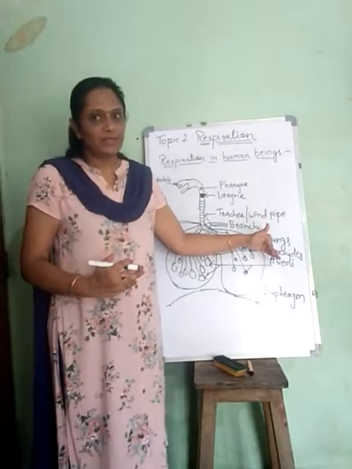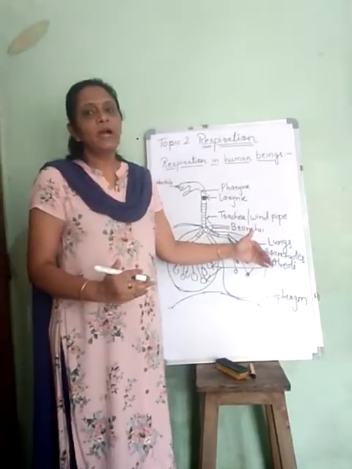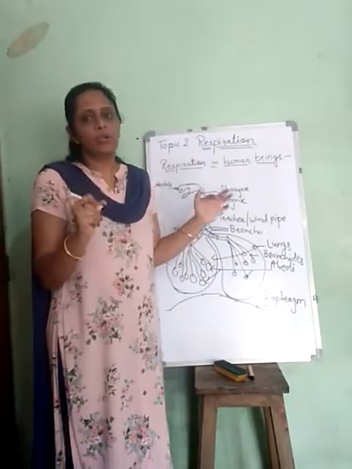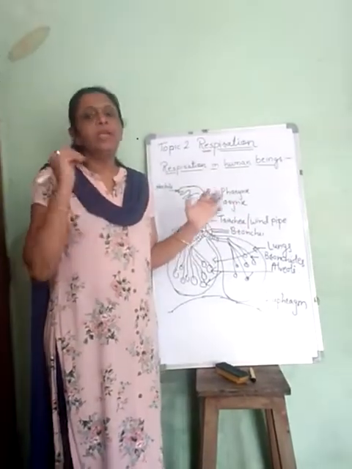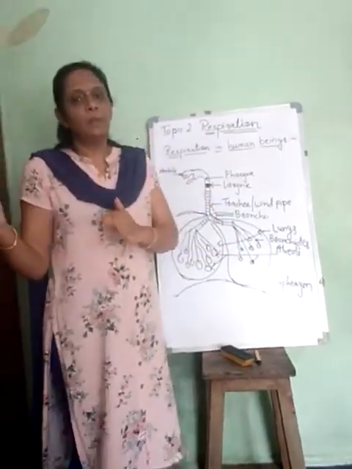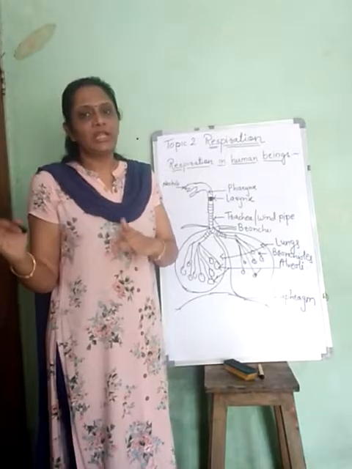The heart is present on the left side, between the lungs. So from the heart, one artery in our body, called the pulmonary artery, brings the blood for purification in the lungs.